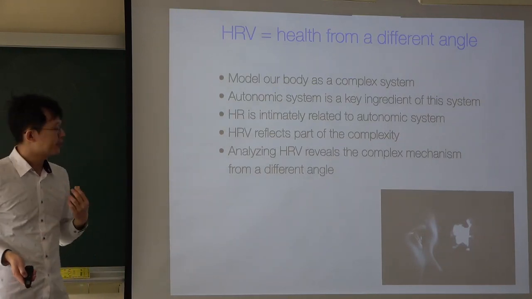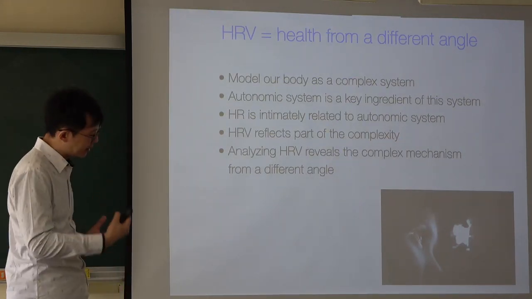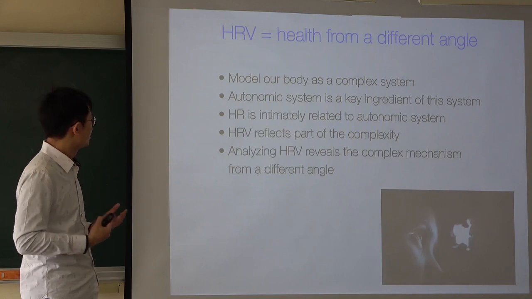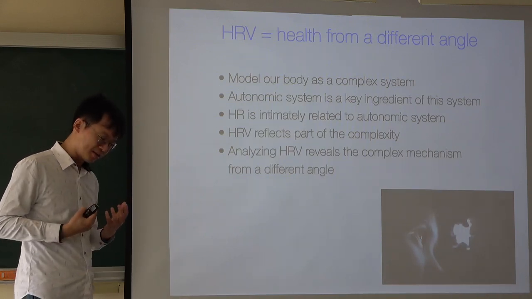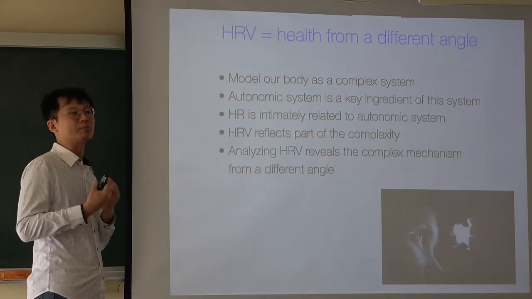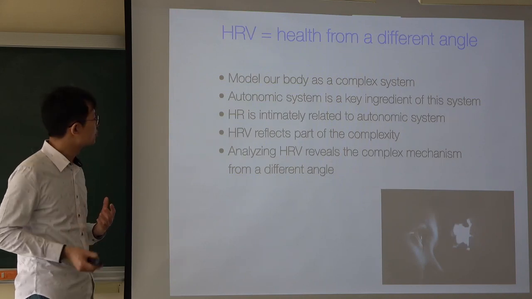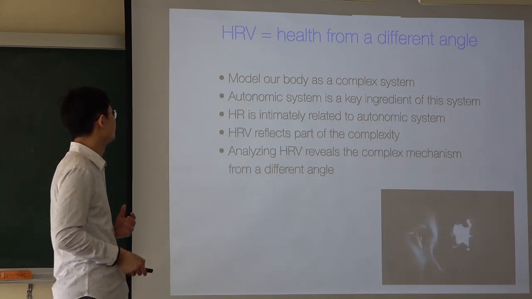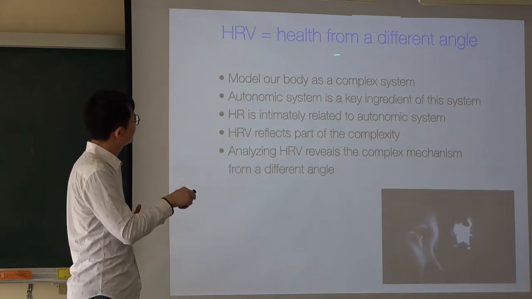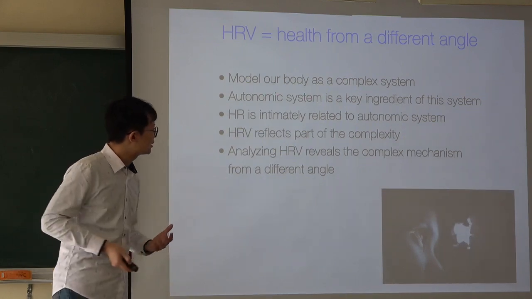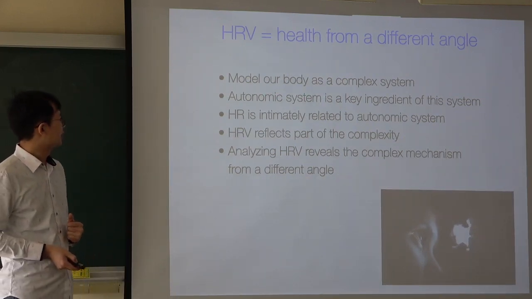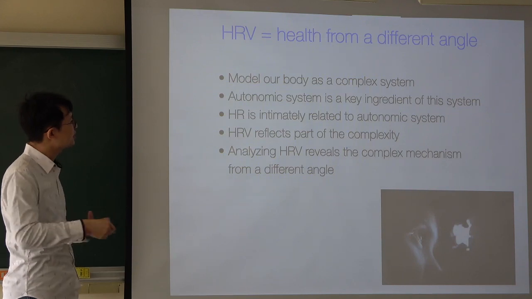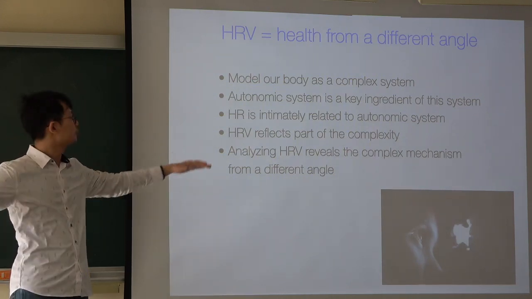Heart rate variability can be viewed as a lens or scope to understand your health from a different angle. We can model our body as a complex system, and the autonomic system is a key ingredient to integrate the whole system.